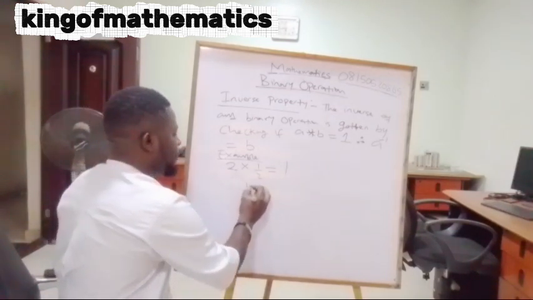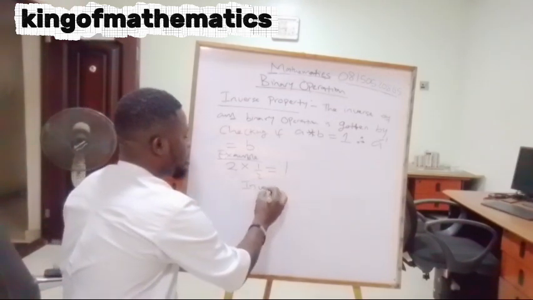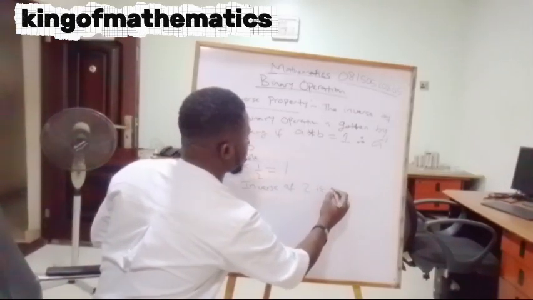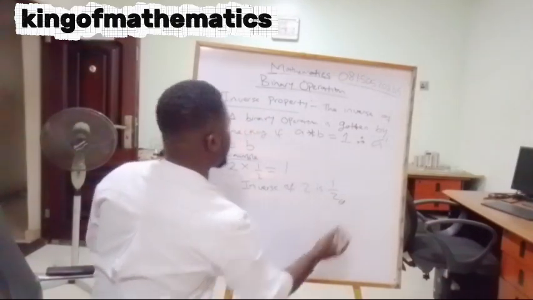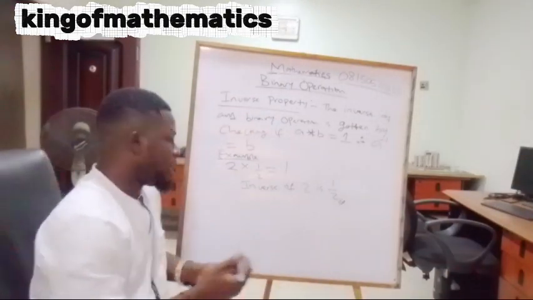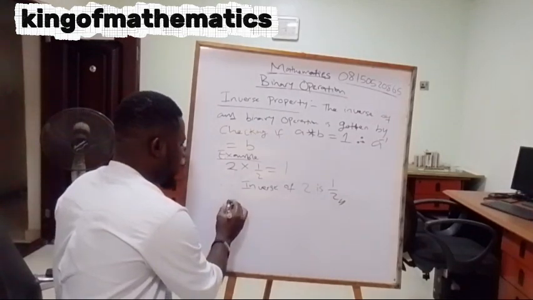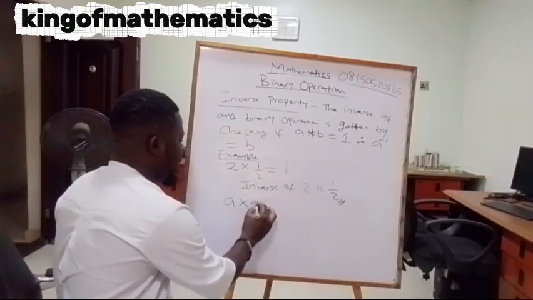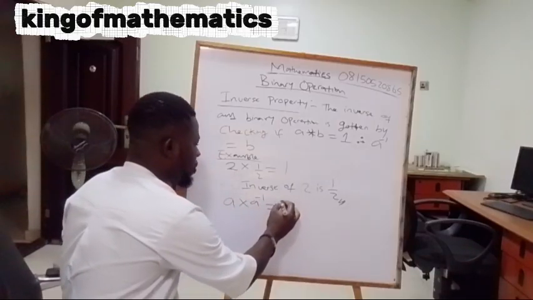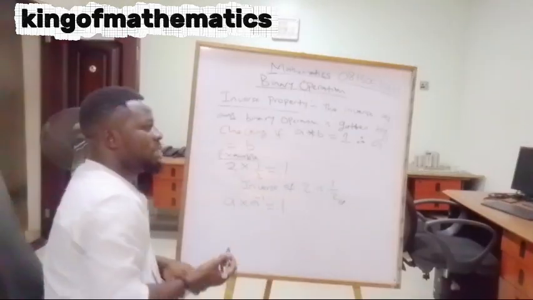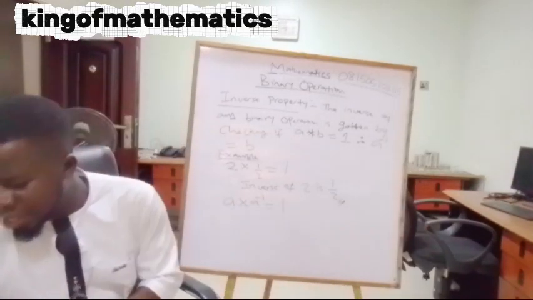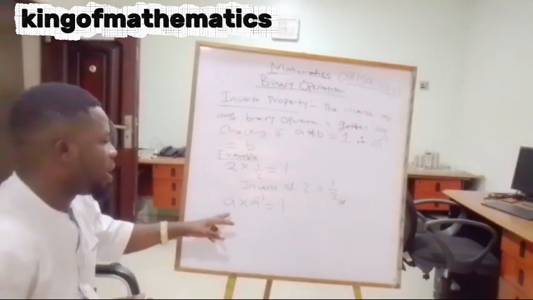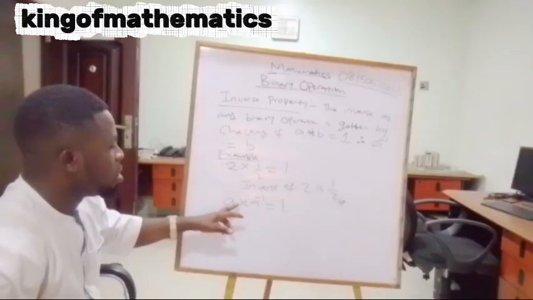Therefore, the inverse of 2 is 1/2. Likewise, if you have A operation A inverse, it is meant to give you 1. So anytime they ask you for the inverse of anything in a book or whatsoever, you are meant to get A operation B to be 1.